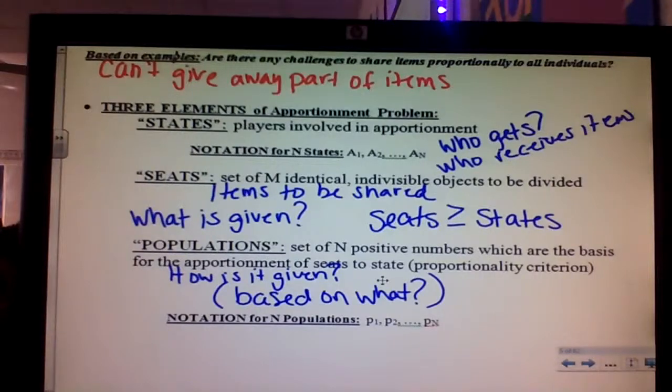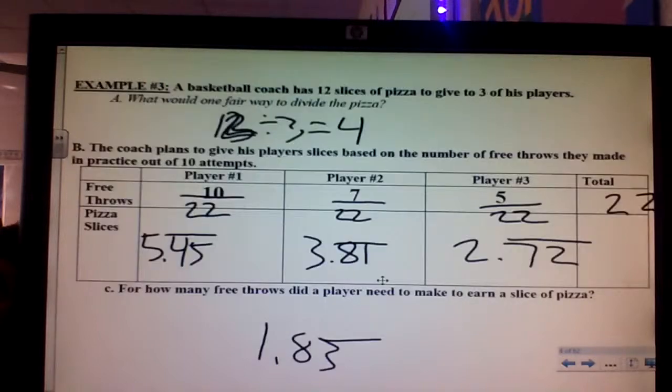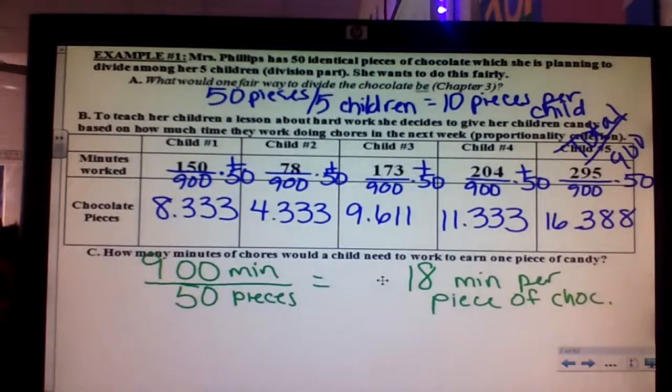Okay, so we're going to look at these. The states are like the people, and the seats are what you're giving away. We're going to go back and look at those 3 examples we already did, then we'll jump into the word problems. First one, example 1: who was getting? The children.